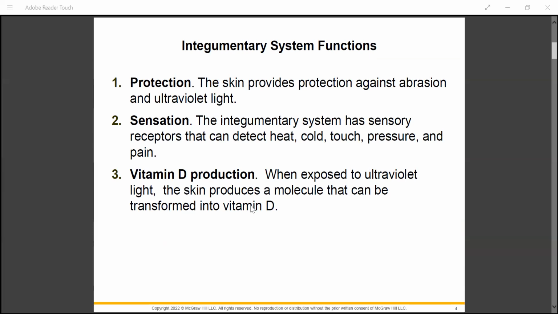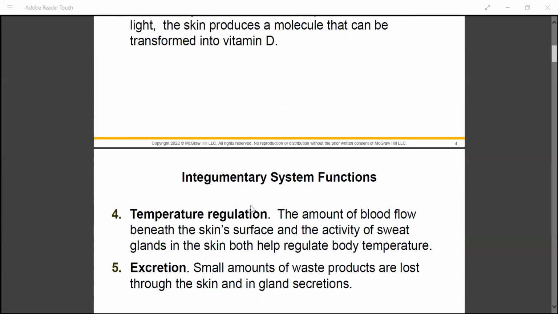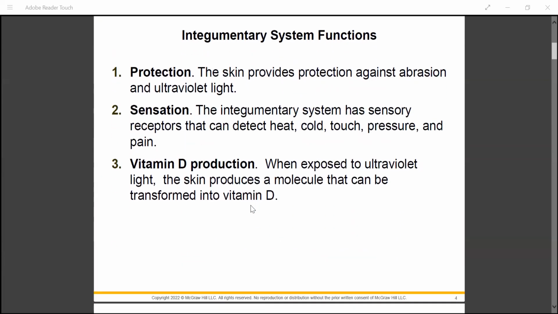So our main functions of our integumentary system are actually, we have 5 total. Our first 3, protection. So this is physical protection in terms of a cut or an abrasion, but it also protects us against ultraviolet light, and we'll talk about the cells that do that function. Sensation, of course. So we have a lot of sensory receptors.